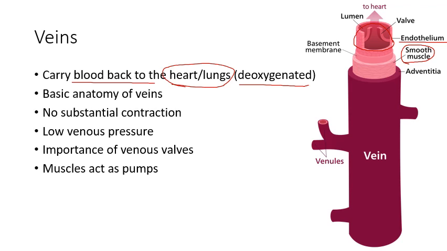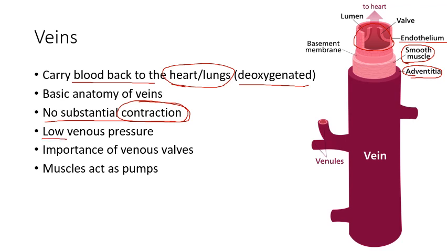So veins are more passive and they are dependent on outer compression from surrounding tissue, especially surrounding skeletal muscles. Finally, you have the adventitial layer, the outer layer, which is a little bit thicker than in arteries. So there's no substantial contraction, and this is important. There's no substantial contraction in the smooth muscle layer of the veins.